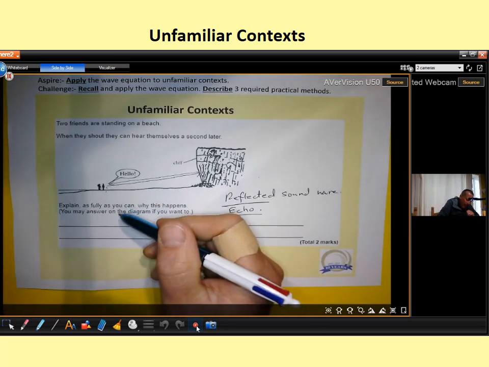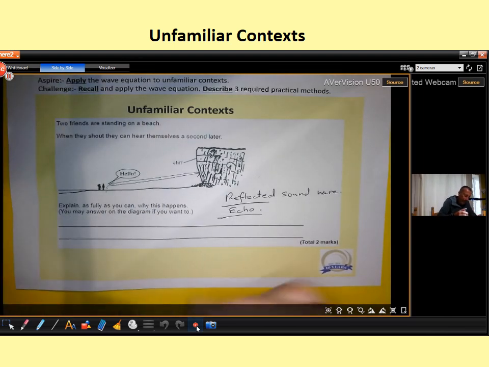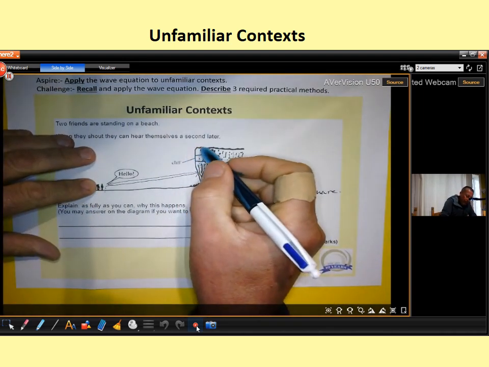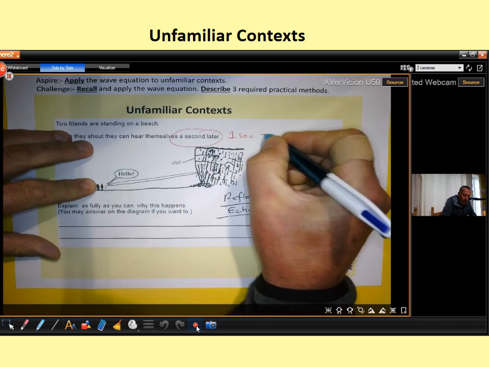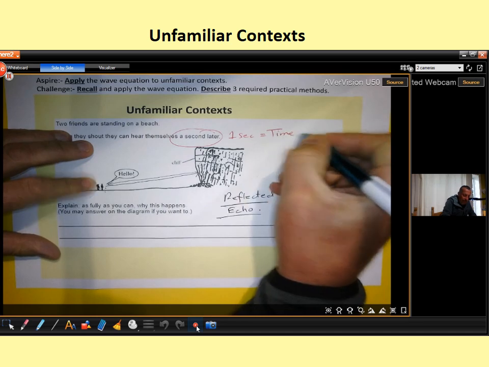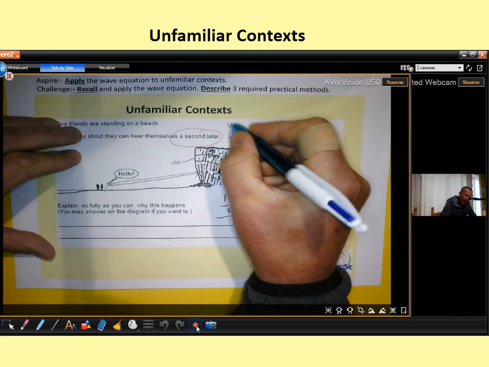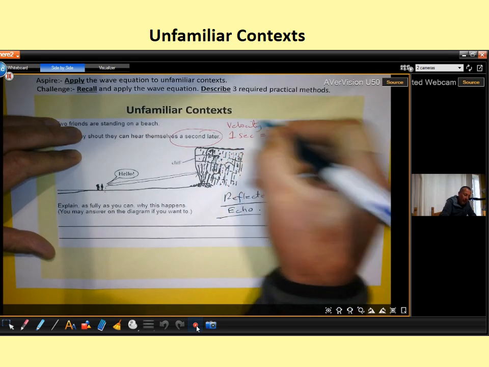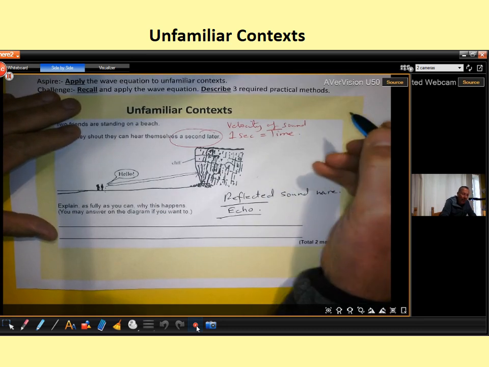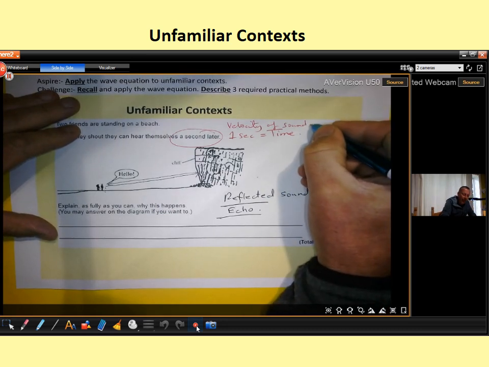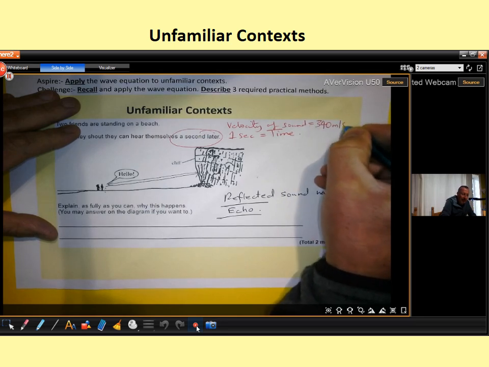I'm just going to add a little bit of this so we can get a bit more out of it. We've got 1 second, so we've got a time. And if I told you the velocity of sound, it does vary a little bit to do with air pressure, temperature, humidity, etc. But let's just take 340 meters every second.